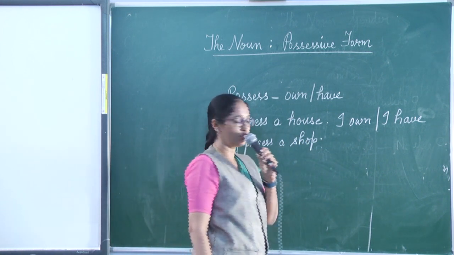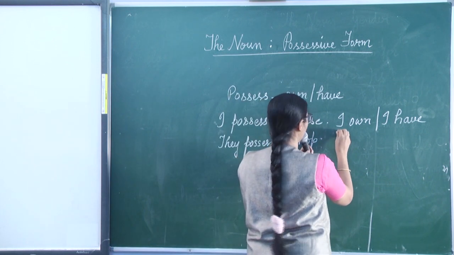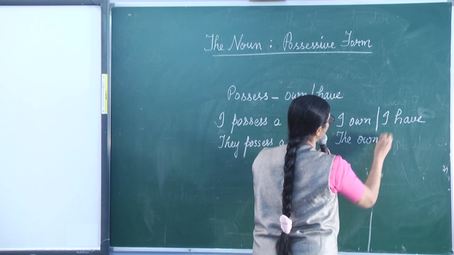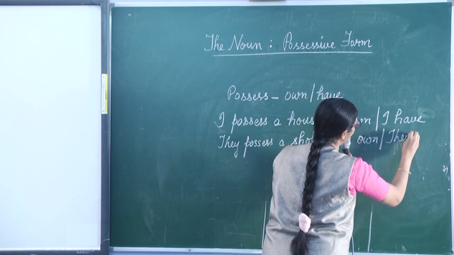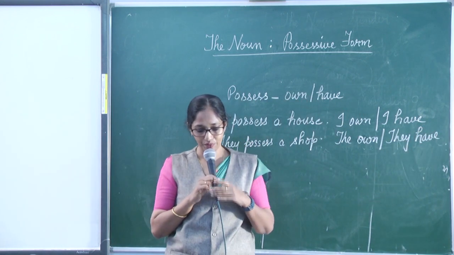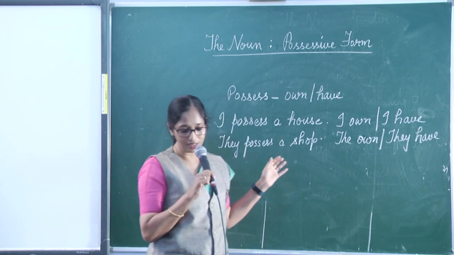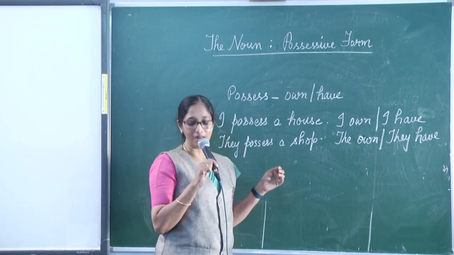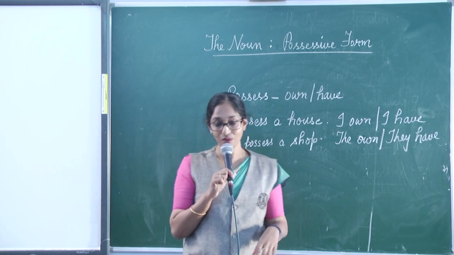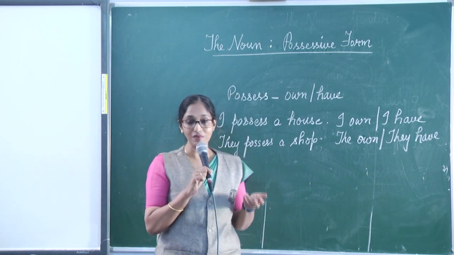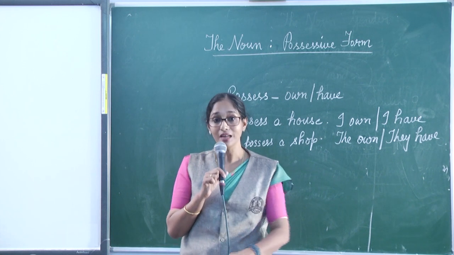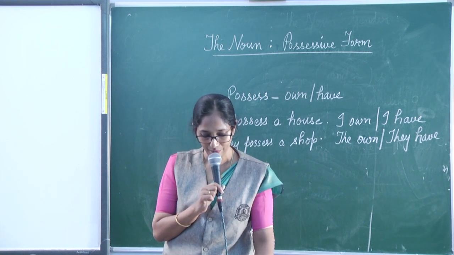This means they own a shop or they have a shop. So a possessive noun is a word that shows that someone owns or has something. This is what we are going to learn.